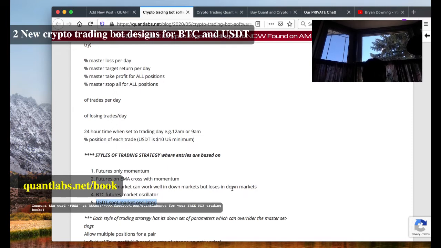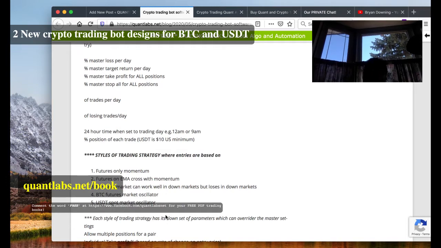I'm still testing it. And as I said, what I'm going to be doing is a newsletter style service to keep people up to date on what I'm doing to adjust these bot conditions and set the parameters.